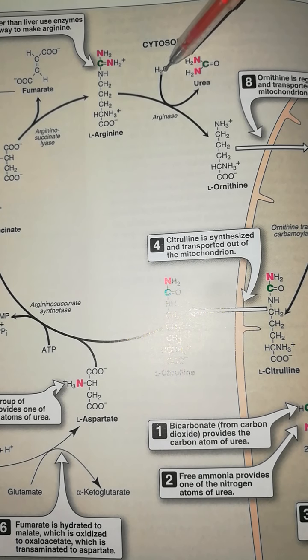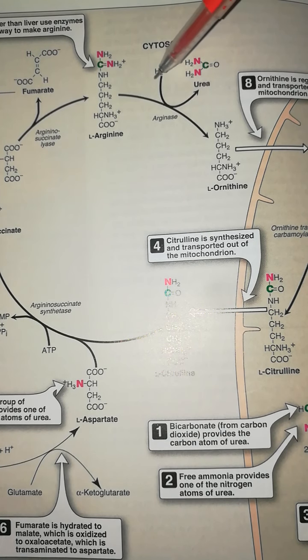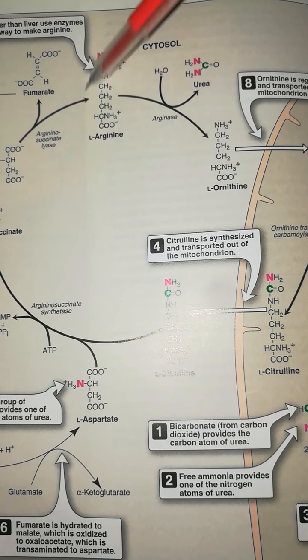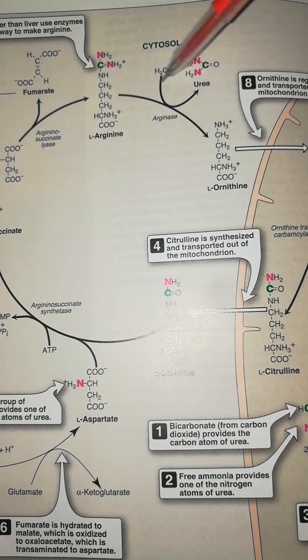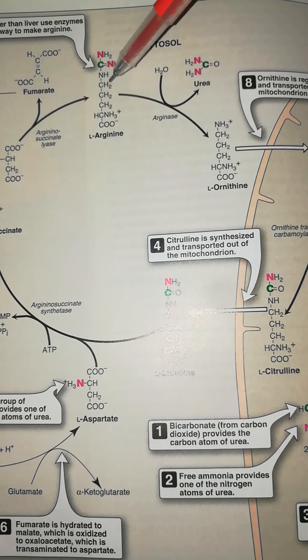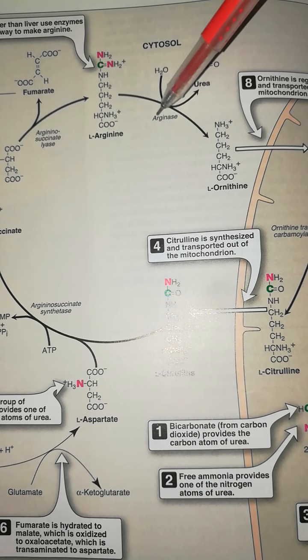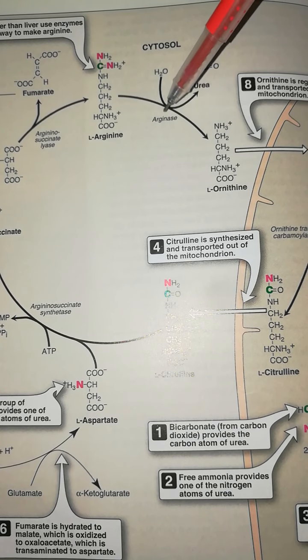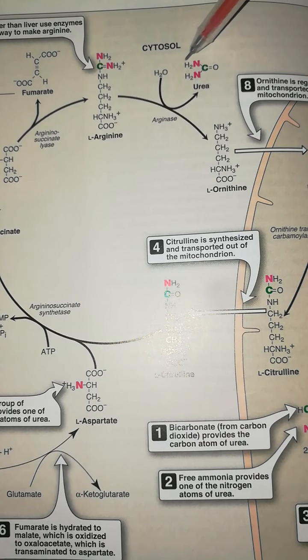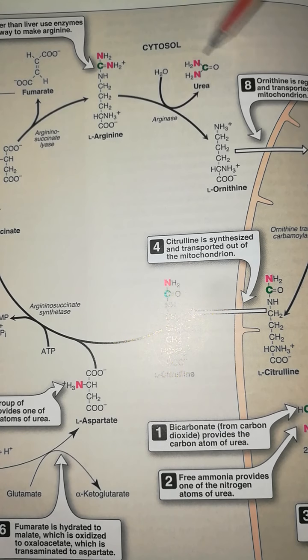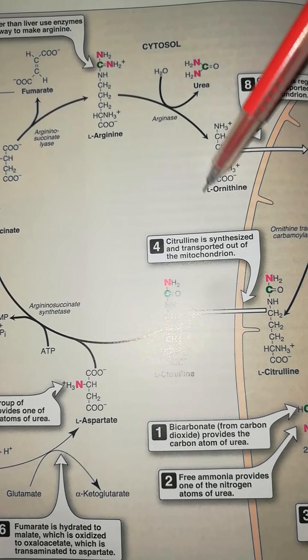It means here water is added to this arginine. So with the help of the arginase enzyme, ultimately we get this chemical structure. It means we get urea and we get this chemical structure.